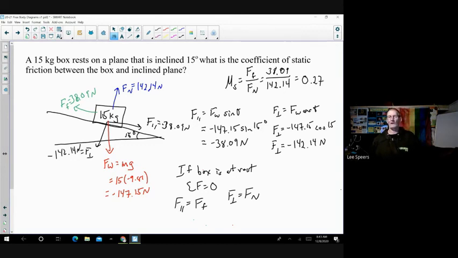Okay, so the coefficient of friction, the minimum, could be higher than that, but the minimum right now that's holding it in place is 0.27 based on the friction force and the normal force.